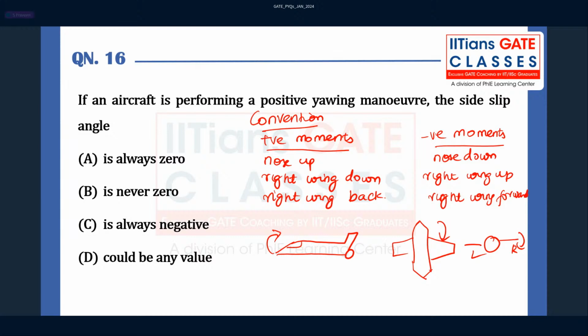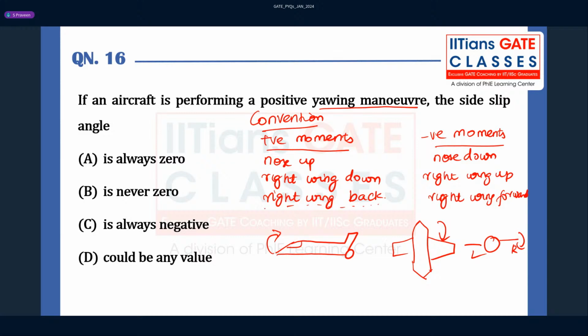Okay, right. So which means if an aircraft is, listen to this, positive yawing moment, right? So yawing maneuver is positive, is right wing back, right?